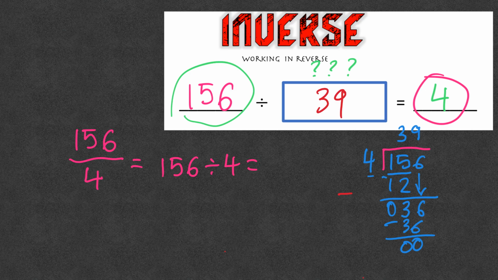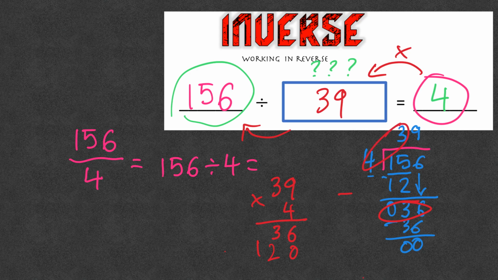Let's check if this works. So now I'm going to check it by using the inverse, because if I multiply those two, then they should give me the product of 156. So let's check. 39 times 4. 9 times 4 gives me 36. 0 as a placeholder. 3 times 4, that gives me 12. 6 add on 0 gives me 6. 3 add on 2 gives me 5.